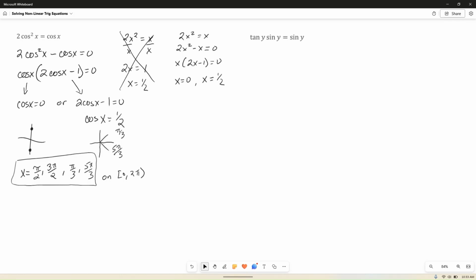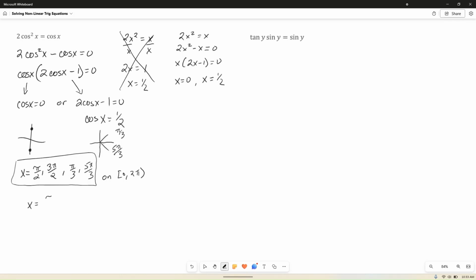I also want to be able to express what the infinitely many solutions look like as we rotate forever around the unit circle. They're always going to be coterminal to these, which means they're always a distance of 2 pi away from each other. So I need to take each one of these and add a 2 pi k to it.